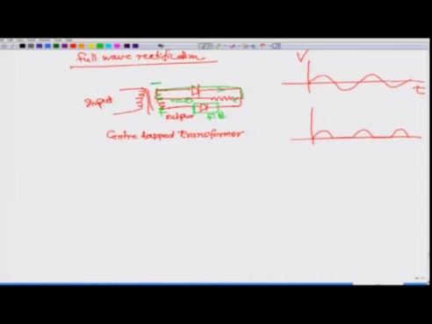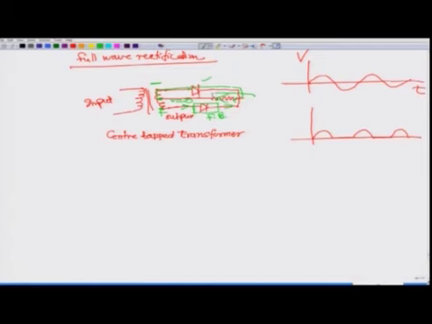Therefore, the lower diode will conduct, current will go like this, with no current through the upper diode. The current will go through this lower diode and then return through this resistance, and once again in the resistance the direction of current is the same.